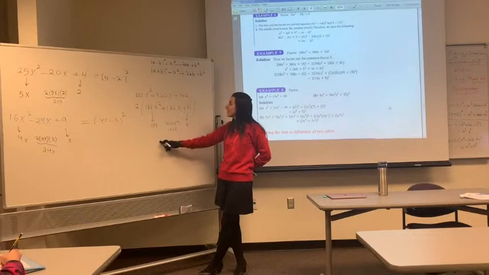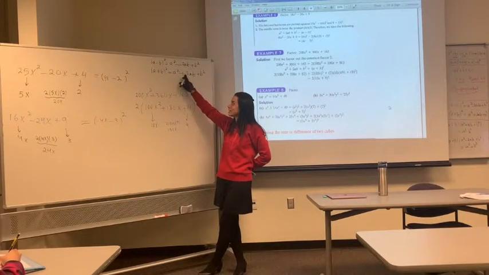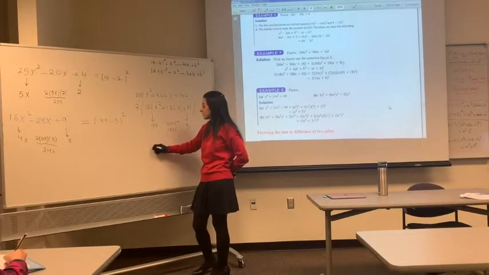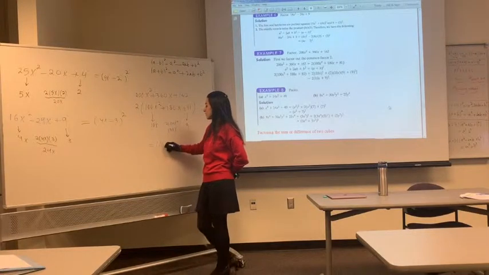We have this form because we have a positive sign for the middle term, so we should choose this. That would be (10x plus 9) squared.